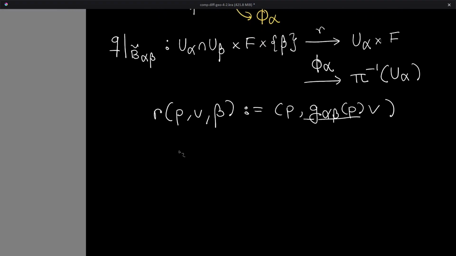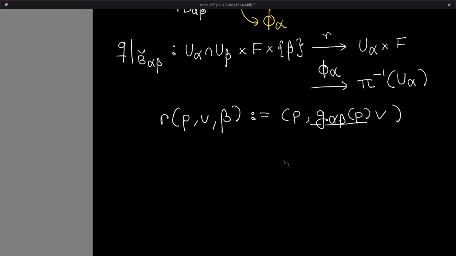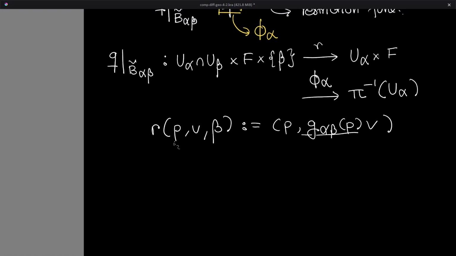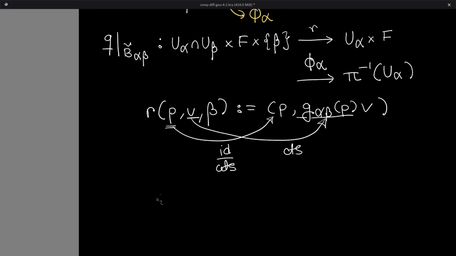If we look at this, this function is actually continuous, because the first thing it does is take P to P, which is the identity function, and the second thing it does is take V to G alpha beta of P. G alpha beta of P is by supposition a continuous function, so this is continuous as well. The Cartesian product of two continuous functions is a continuous function, so therefore R is a continuous function.